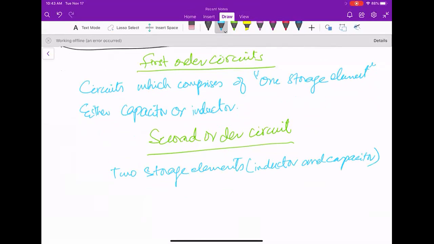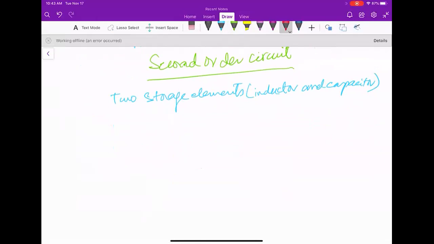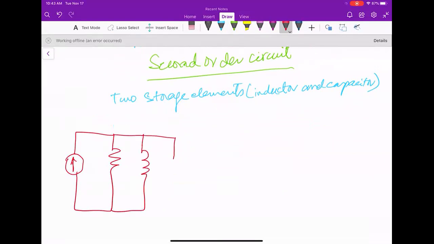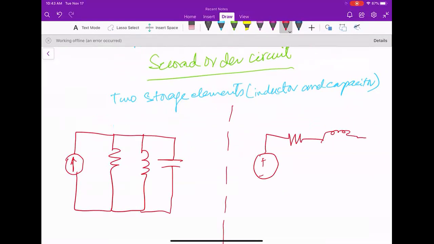So let's examine two types of second order circuits. So if this is IS, this is IR, this is IL, this is IC.